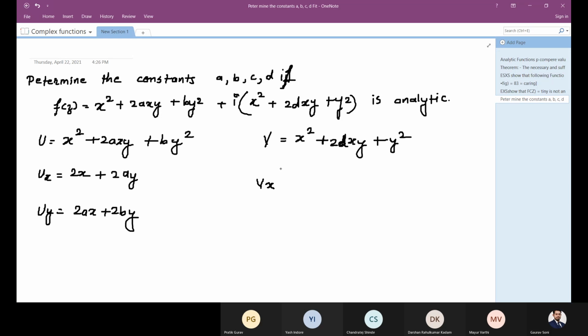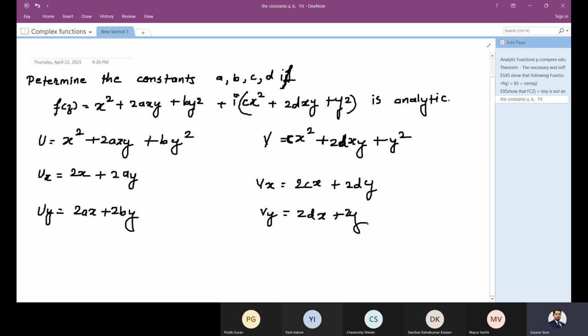What is vx? Oh, this is cx square. I'm so sorry. So vx is 2cx plus 2dy. Vy is equal to 2dx plus 2y.